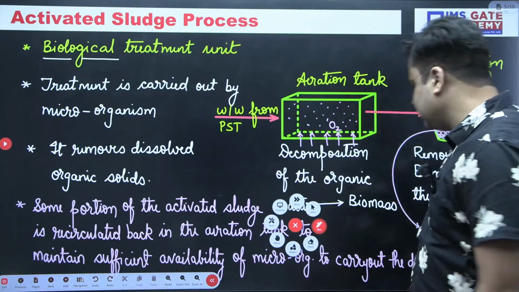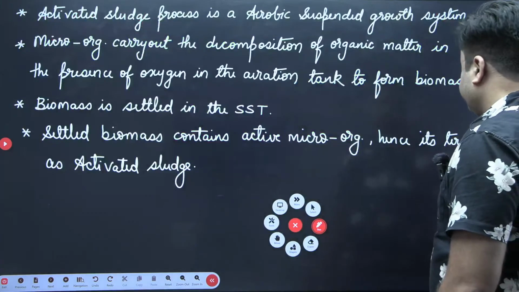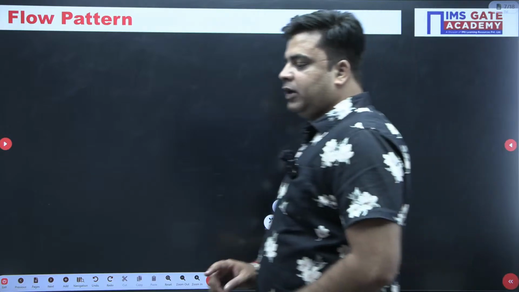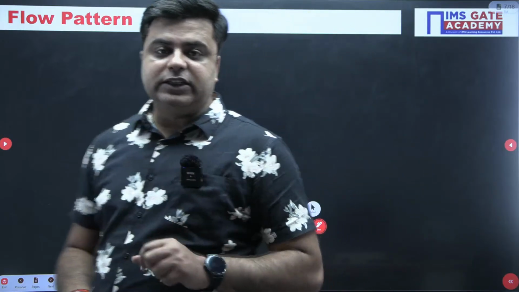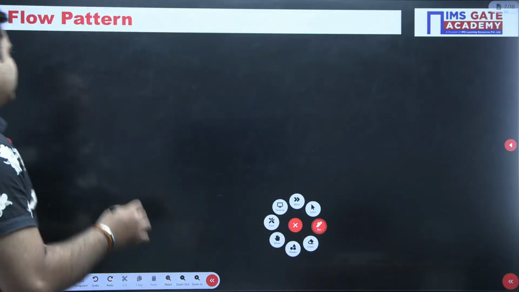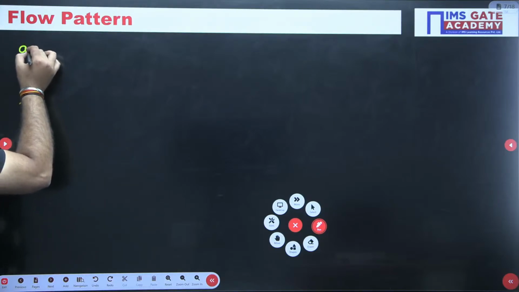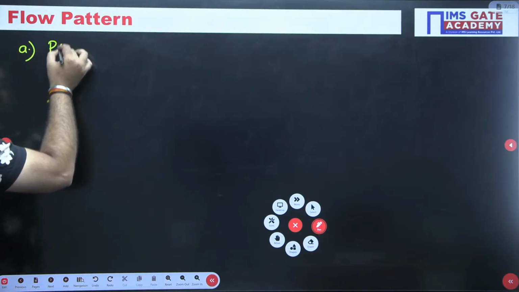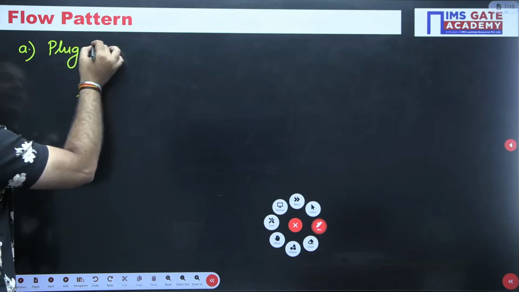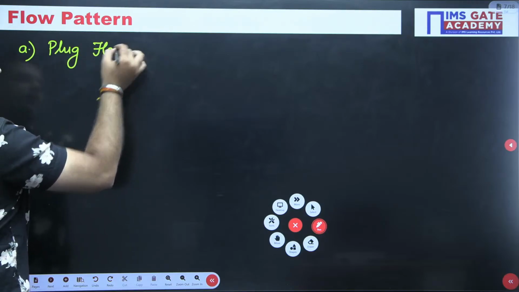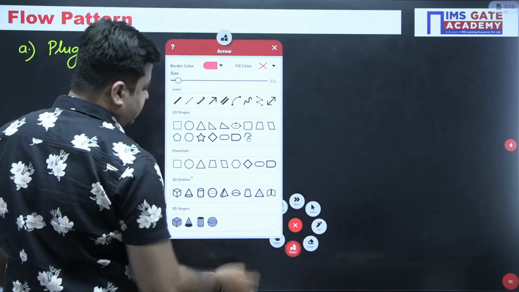Okay, the different types of flow pattern that happen inside the aeration tank are, first one is known as plug flow. The first flow pattern inside the aeration tank is termed as plug flow. Now see what happens in plug flow.